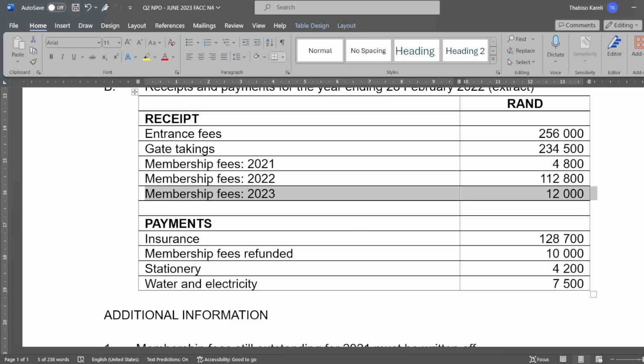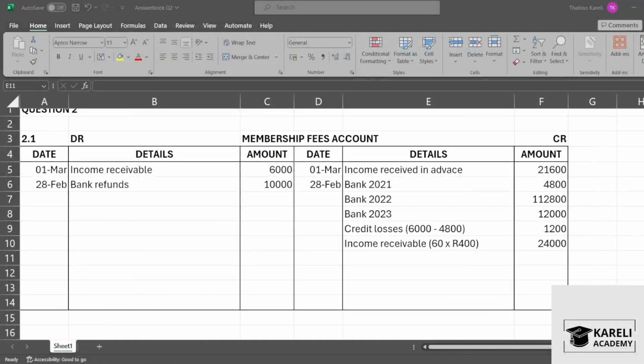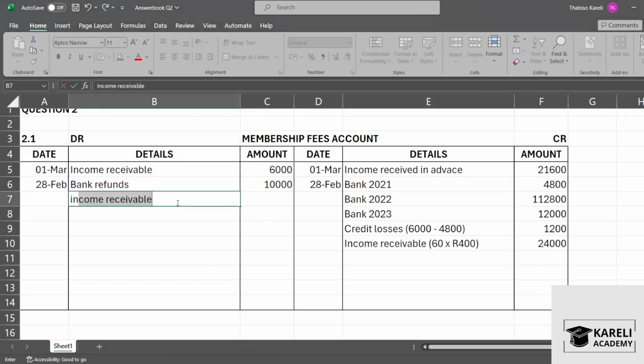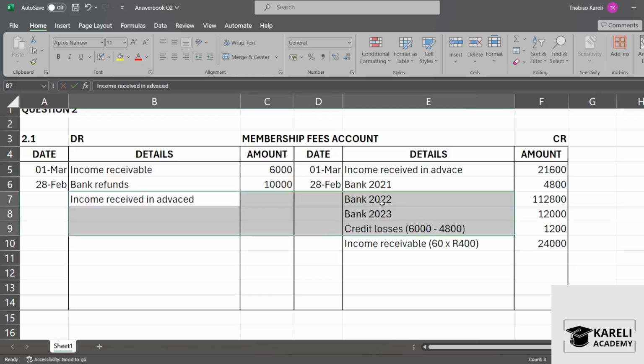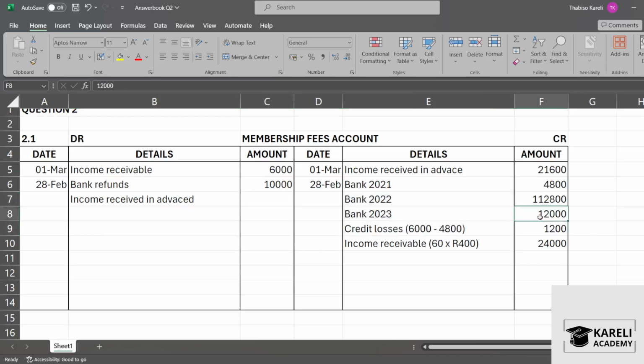Therefore, we need to indicate that on our answer sheet. On our answer sheet, we need to indicate that we have the income that is received in advance. Which one is it? It's this one of 12,000, 2023. You had it as it is, 12,000. And then we are done.